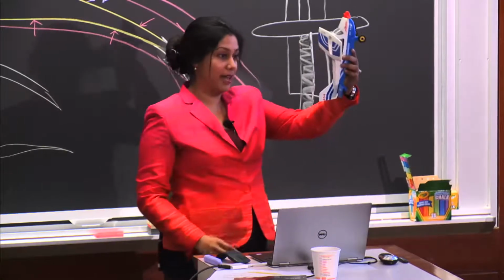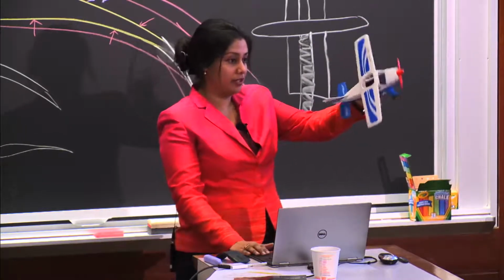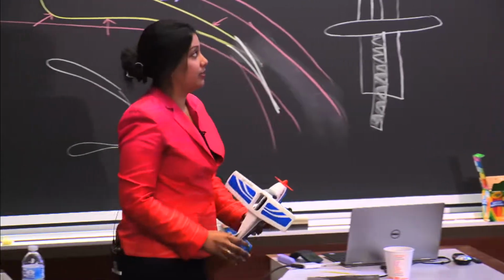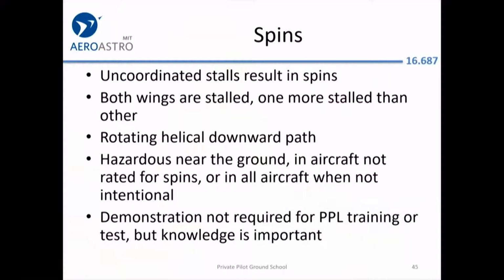The other thing that can happen after you stall usually is you can enter a spin, which is actually the next case. So this is when you're uncoordinated in your stall. What I mean by uncoordinated, that's what I was just talking about before, where your roll and your yaw are not going in the same direction.